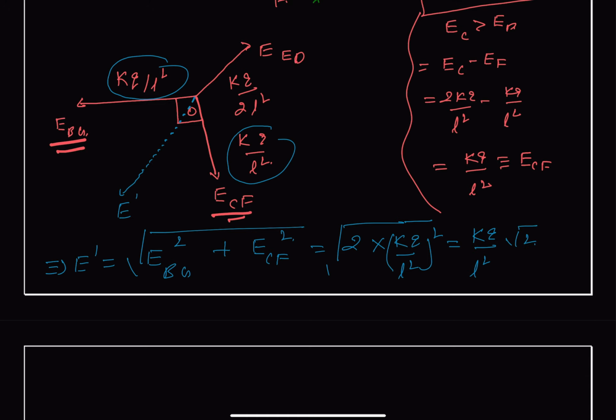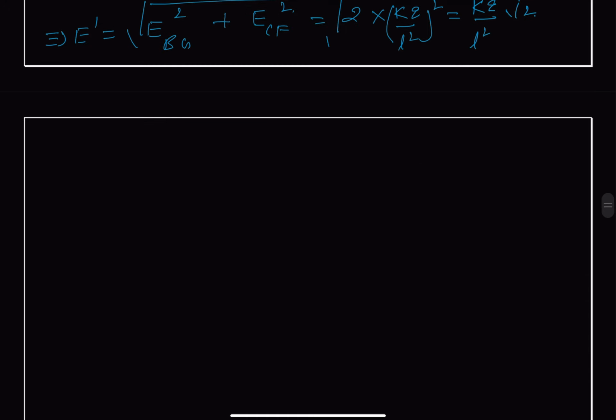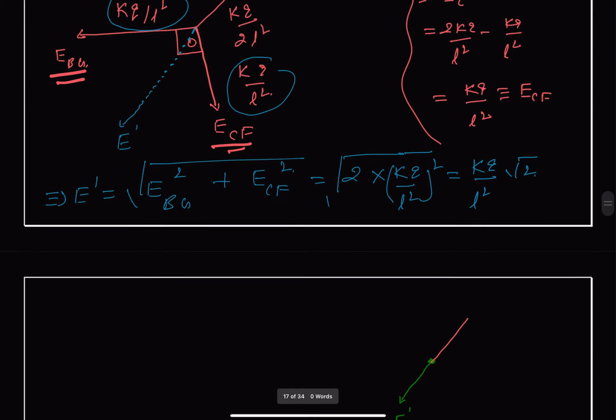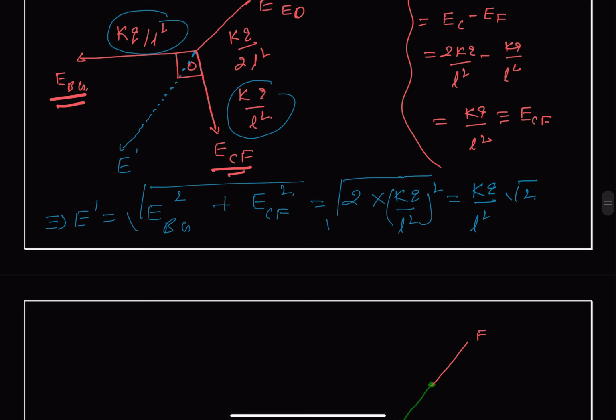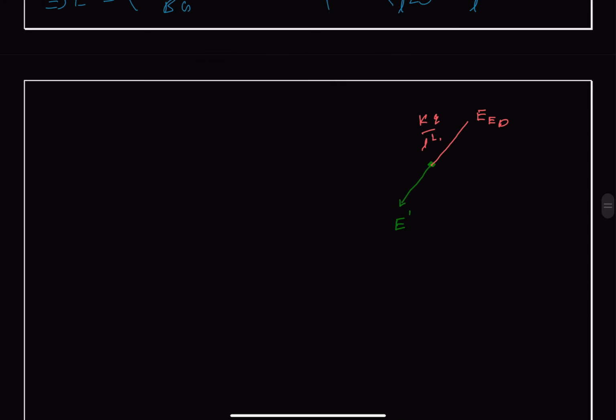So finally we found out 2 electric fields, and both are opposite to each other. This is our EED. Magnitude is kq upon 2L square, and the other comes as kq upon L square multiplied by square root of 2. So both are directly opposite. We can just find out the net electric field directly.